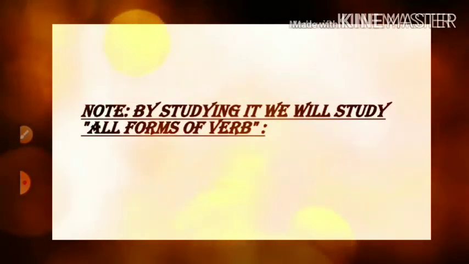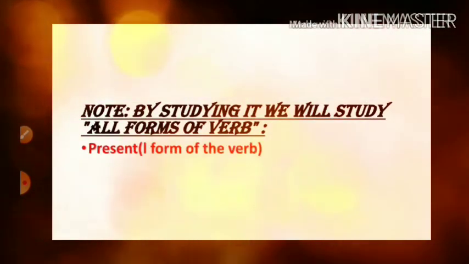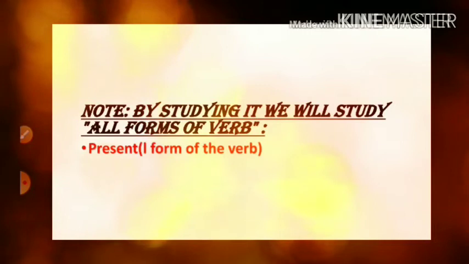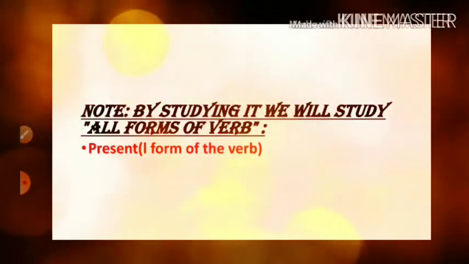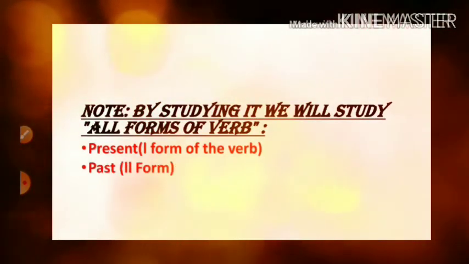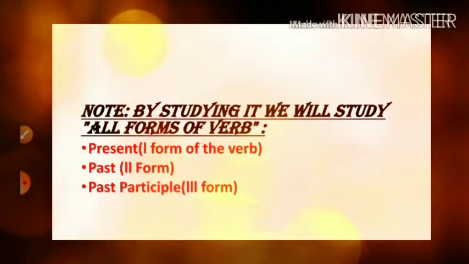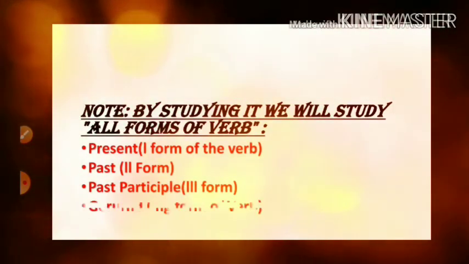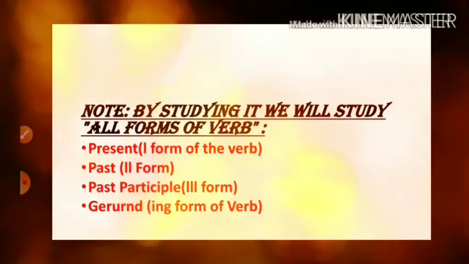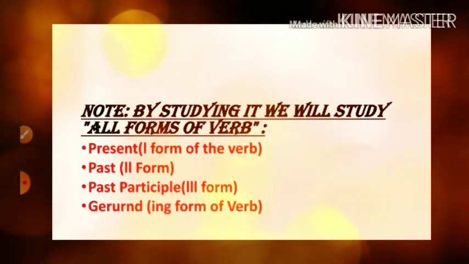As you can see on your screen, first is present, meaning first form of the verb. Second is past, meaning second form of the verb. Third one is past participle, meaning third form of the verb. And the last, fourth one is gerund, which is the ing form of the verb.